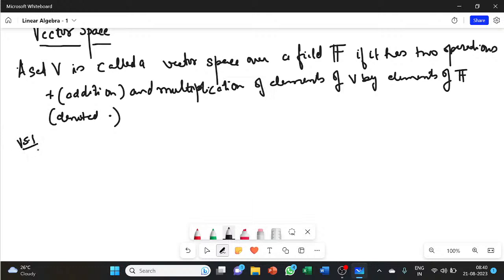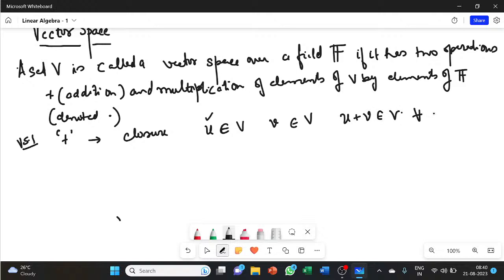Property number one should be that with respect to vector addition, it should have a closure. It means if u belongs to V, and v belongs to set V, then u plus v should also belong to V, for all u and v belonging to V.